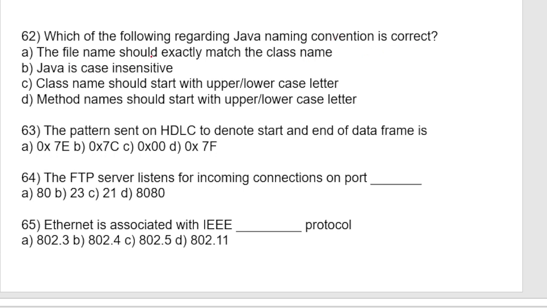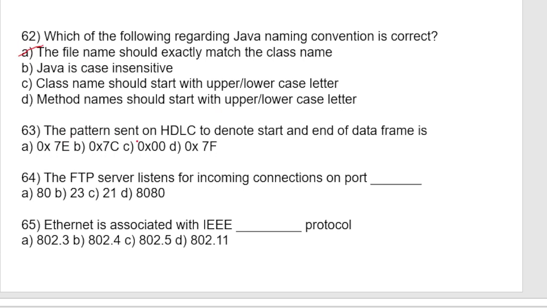The file name should exactly match the class name. Java is case sensitive. Class name should start with upper or lowercase letter. Method name should start with upper or lowercase letter. The answer is A दोस्तों.